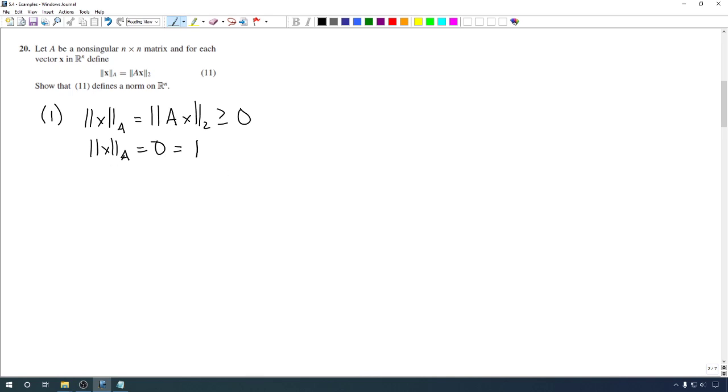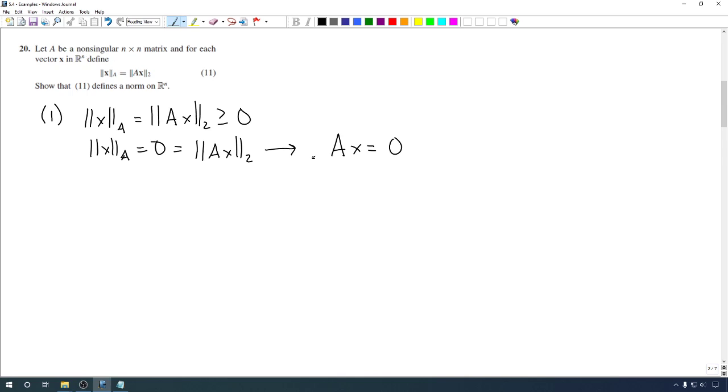Well, if the A norm is 0, that means that the 2 norm of A times x is 0. But the 2 norm is a norm. If the 2 norm of something equals 0, that something has to be the 0 vector. So A times x has to be the 0 vector. And here is where we're going to use the fact that A is non-singular.